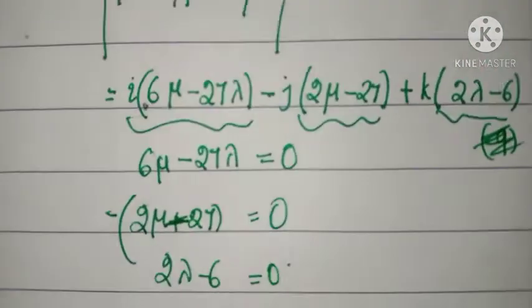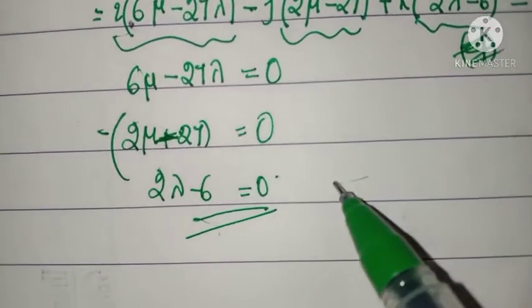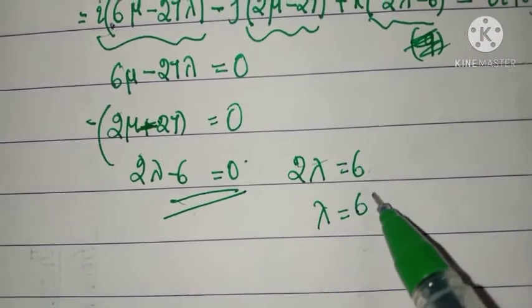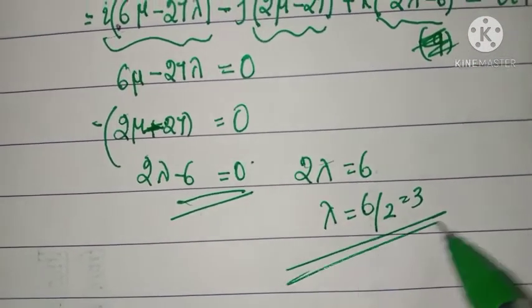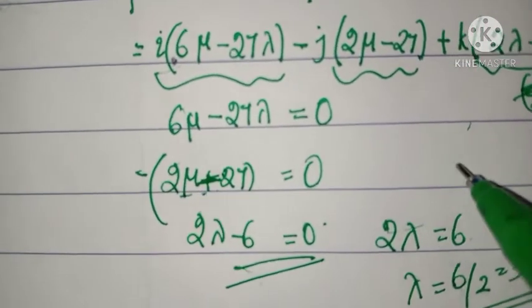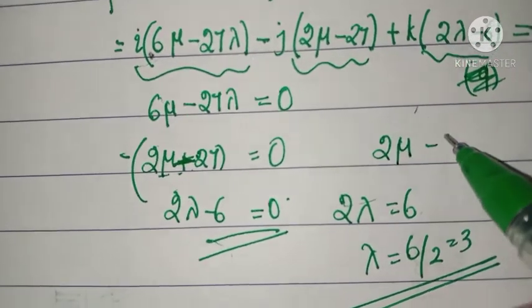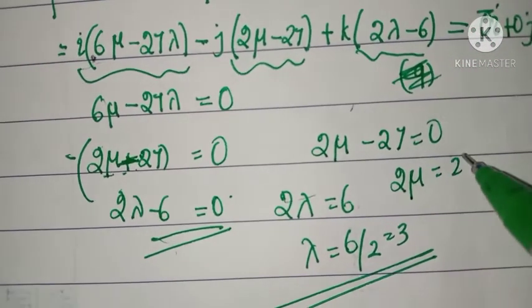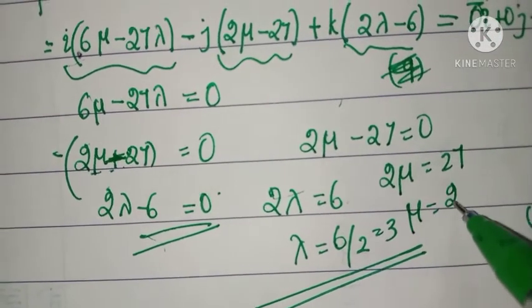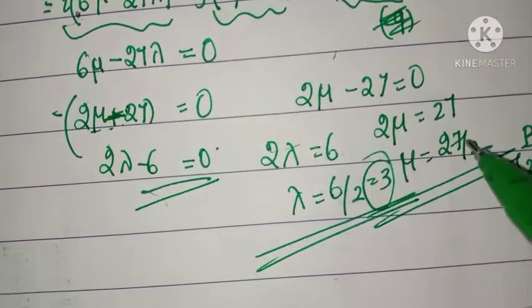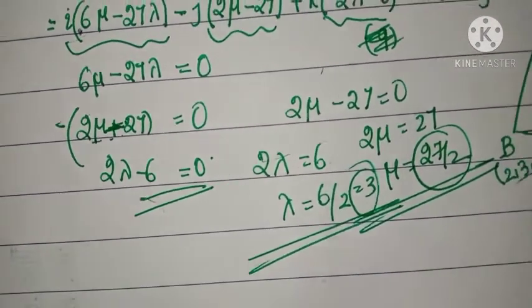So from here, 2 lambda is equal to 6, or lambda is equal to 6 by 2, which is 3. From 2 mu minus 27 is equal to 0, 2 mu is equal to 27, mu is equal to 27 by 2. Okay. So lambda is equal to 3, mu is equal to 27 by 2.